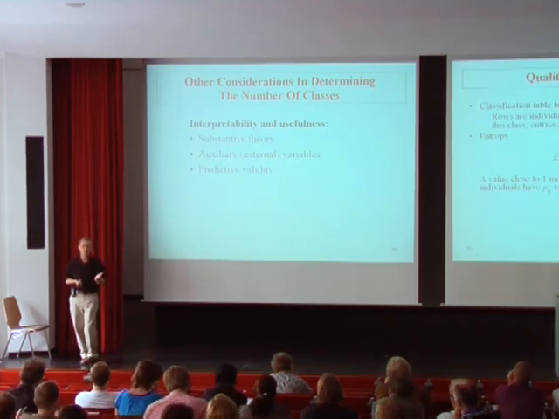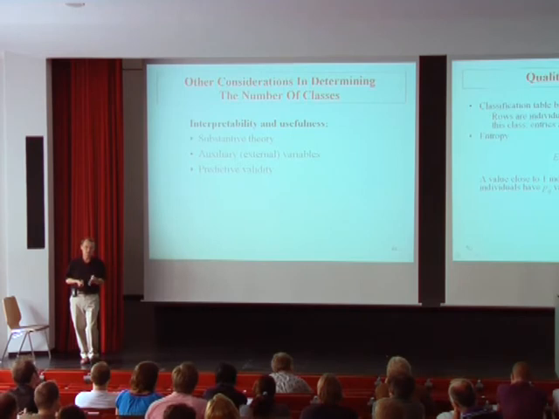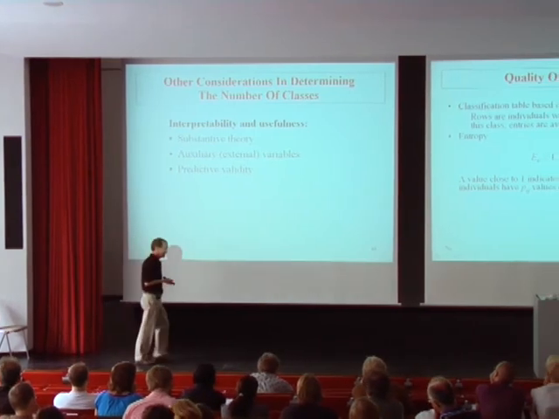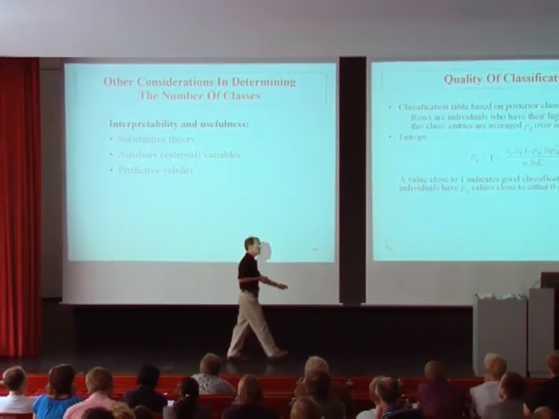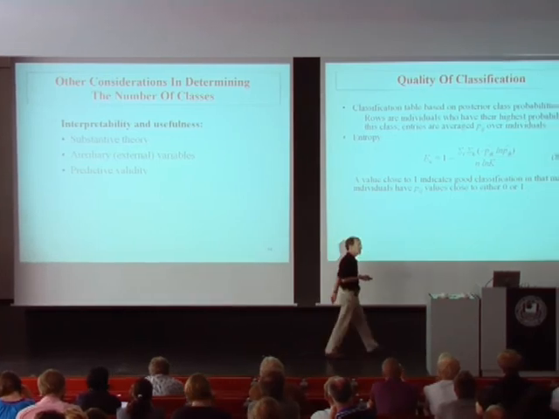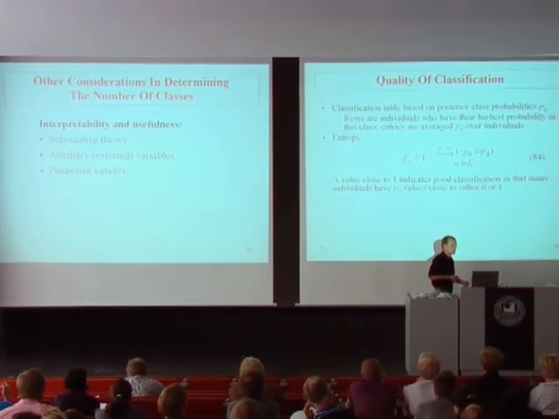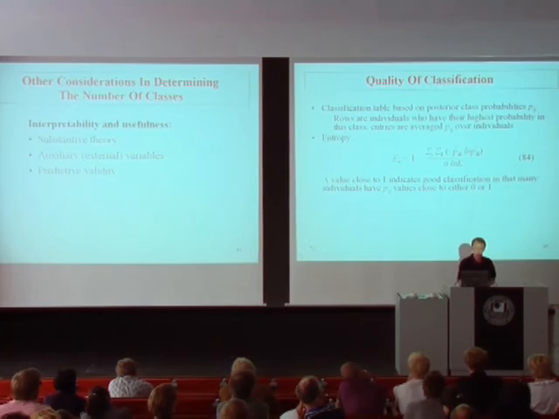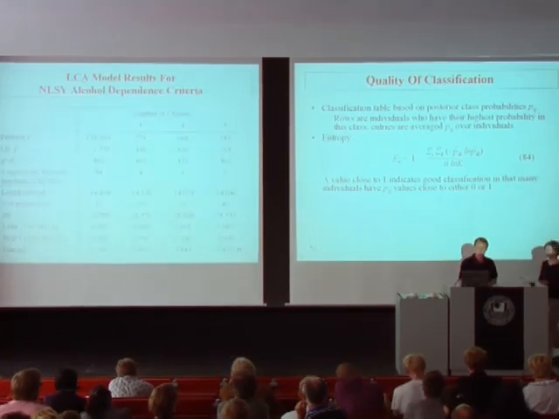A high R-square does not mean that you have a well-fitting structural equation model. Neither does a high entropy say that that's the model you should choose, that's the model that fits the data the best. Well-fitting models can have a very low entropy. So they fit the data well, but they won't be that useful.